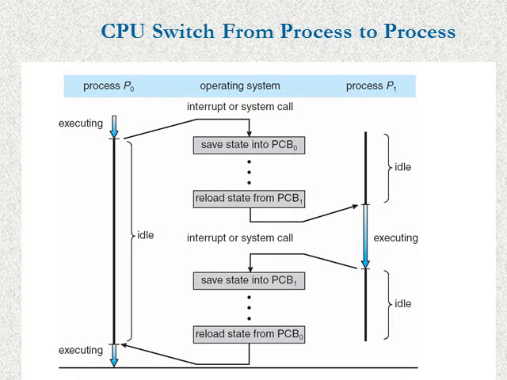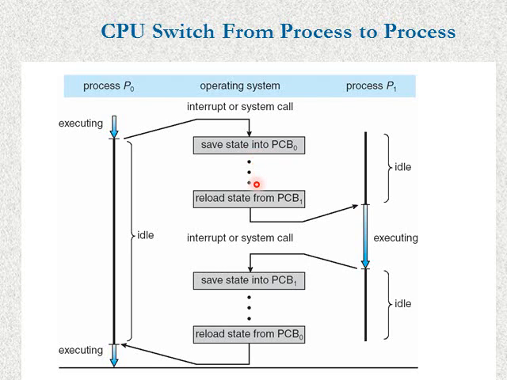Over here we have a pictorial representation of the same mechanism. As you can see, this process P0 is in the running state, and at this point in time we have an interrupt. So the operating system saves the state of P0 into its process control block, including everything that is associated with the process.